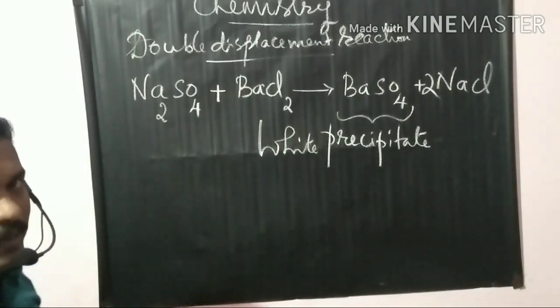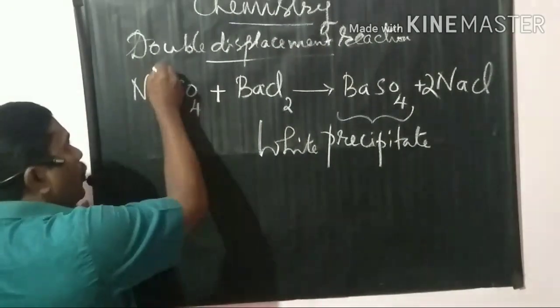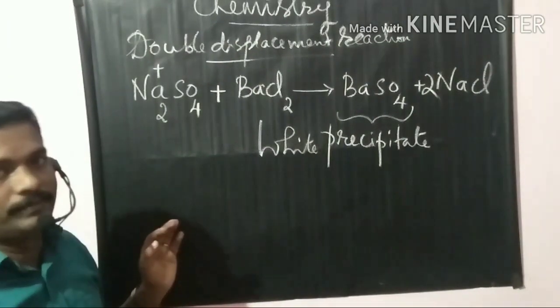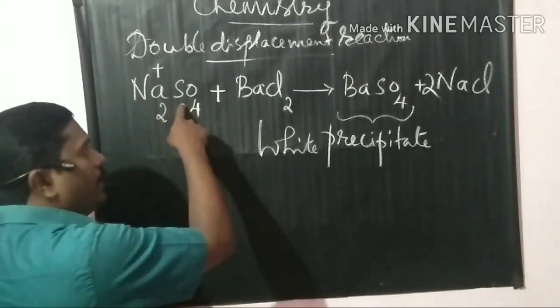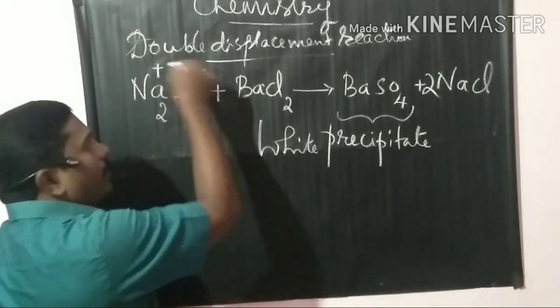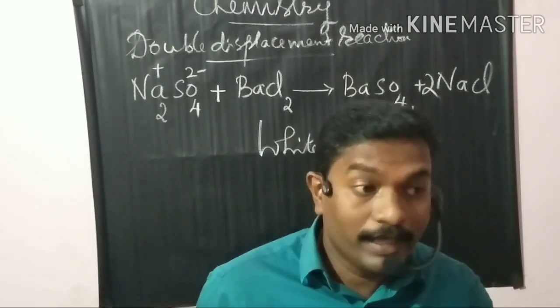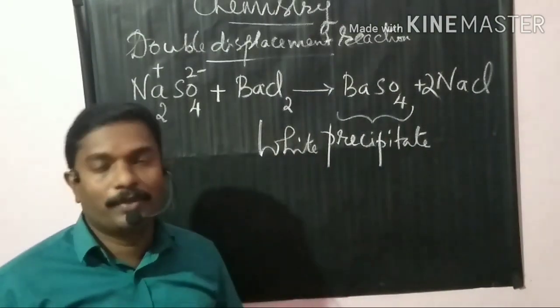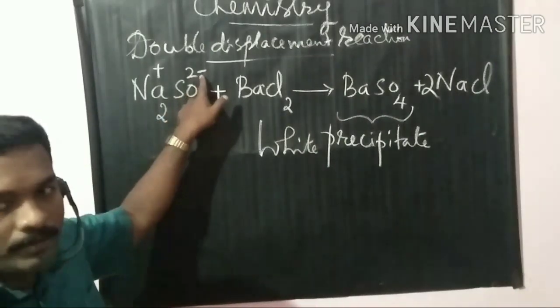Please check here. Sodium is a positively charged ion, Na plus. Then what about sulfate? It is negatively charged. Do you know the name for a positively charged ion? Cation. Very good. And the negatively charged ion?